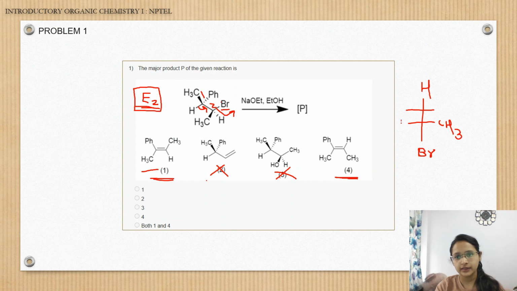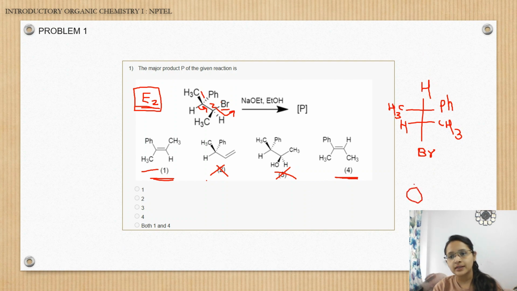This is methyl, this is hydrogen, and again this is what methyl looks like. This will be Ph, right? This will be Ph. So now this is the Fischer projection.